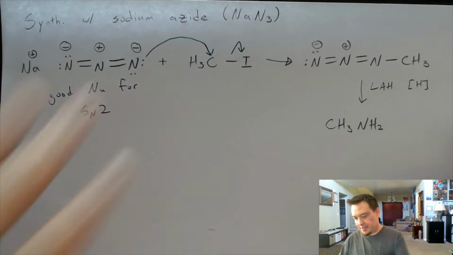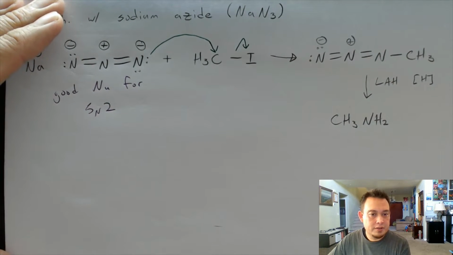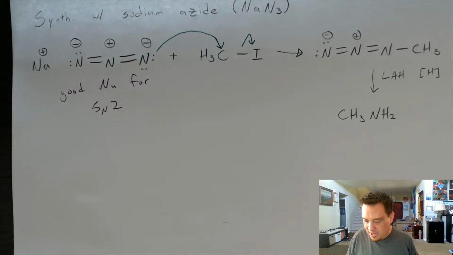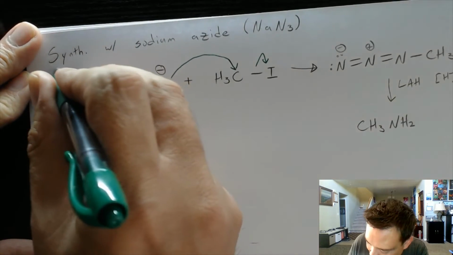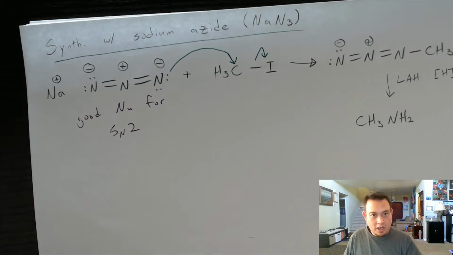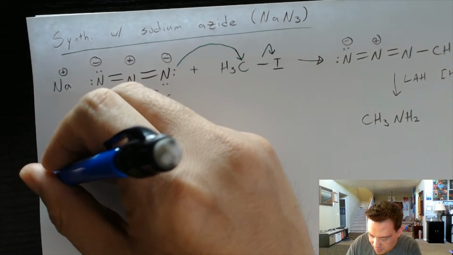All right. So other ways to make amines. That's one way: using sodium azide, SN2 followed by reduction. We have seen reduction of nitro compounds before.